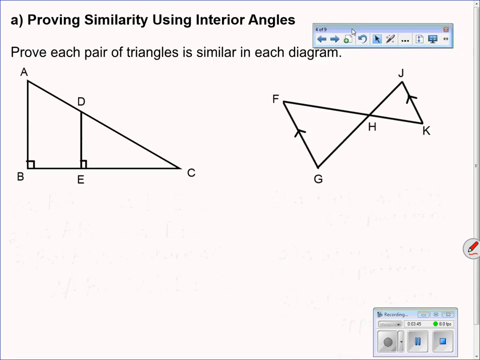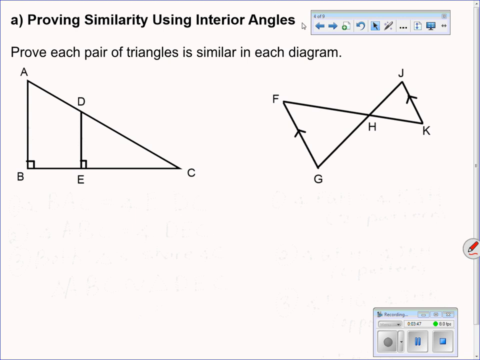Let's prove similarity between interior angles of a triangle. Remember, we have to have our triangles being identical. I'm just going to quickly draw what my triangle looks like. It has two different triangles.